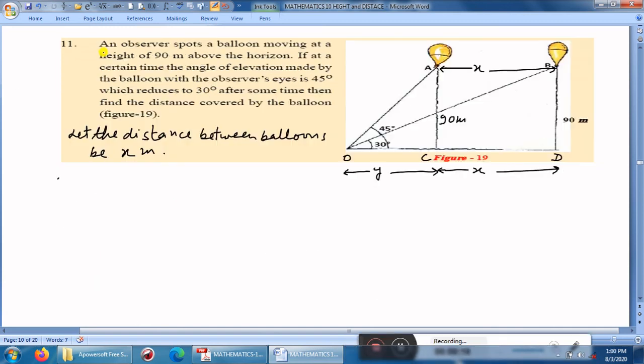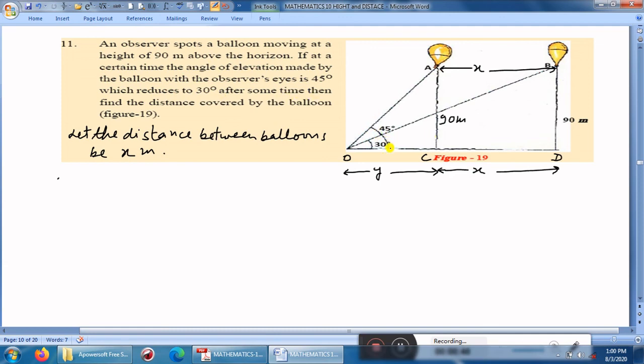Now the next question. An observer spots a balloon moving at a height of 90 meters. This is 90 meters. It is moving in this direction, and here it is also 90 meters above the horizon. If at a certain time the angle of elevation made by the balloon with the observer's eyes is 45 degrees, which reduced to 30 degrees after some time.